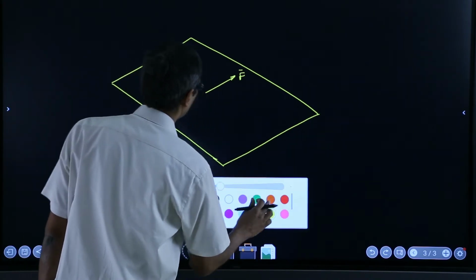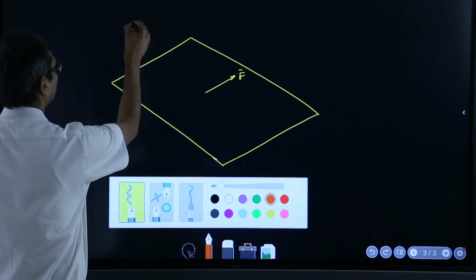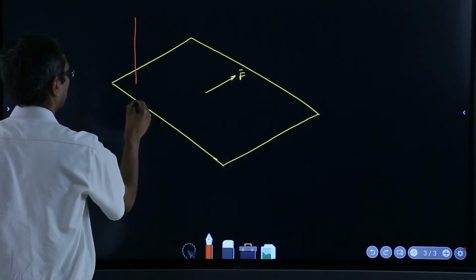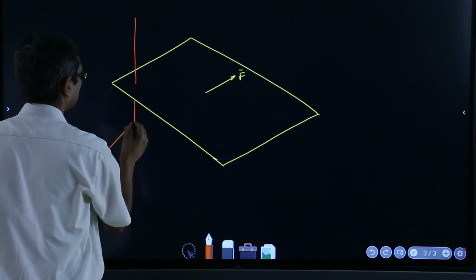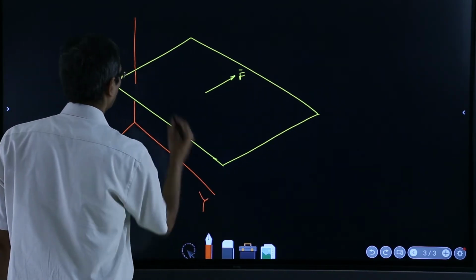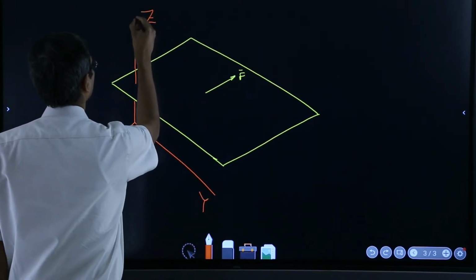And let me also draw the axes somewhere, say x, y and z.